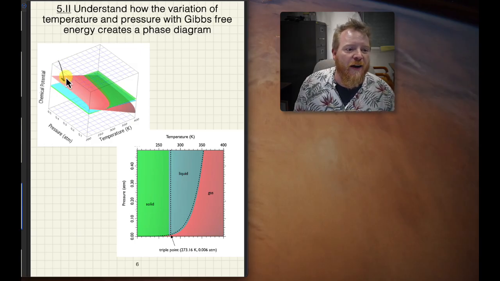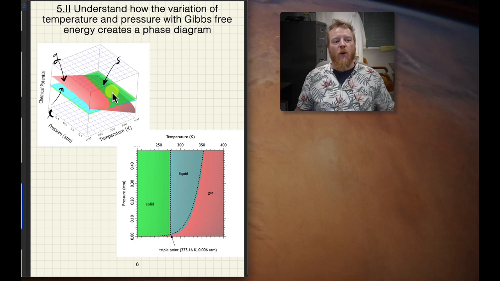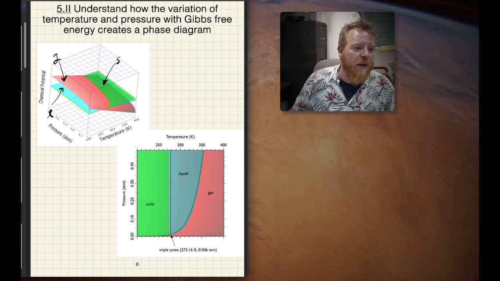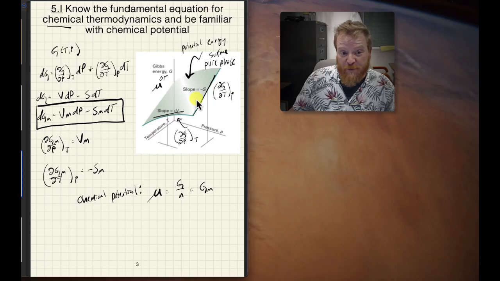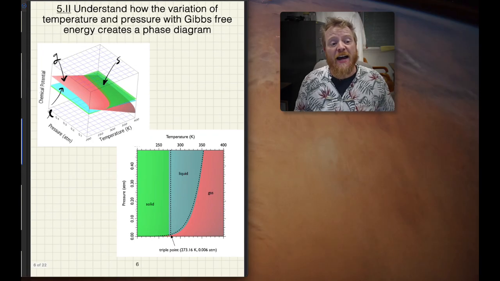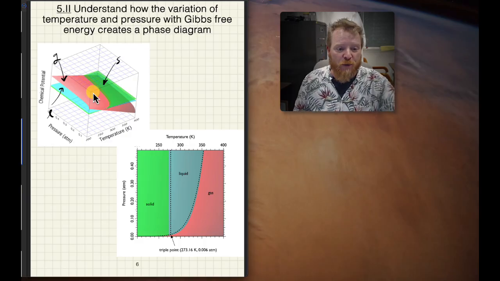So here I've indicated the red is the gas phase, the blue is the liquid phase, and the green is the solid phase. So again, I'll go back up to that top slide so we know where this is coming from. I showed you this in that first video, right? This is the surface of any one pure phase. So now to make a phase diagram, we've got all three of those surfaces superimposed. And once again, the phase with the lowest chemical potential is the one that's observed.